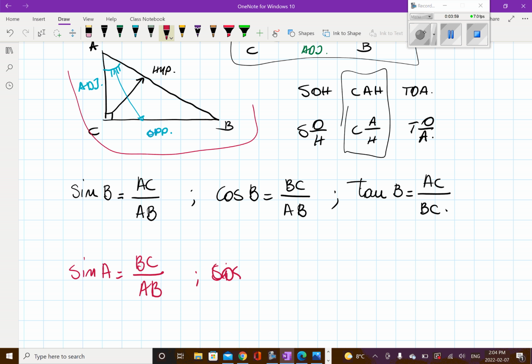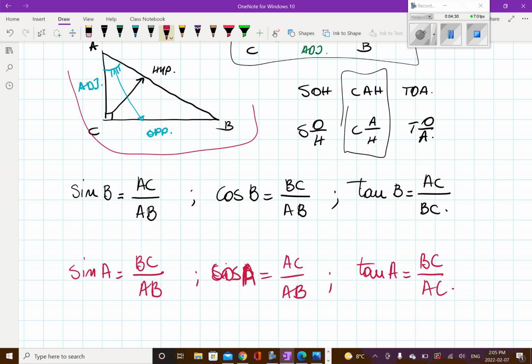Same logic when we are calculating cosine of angle A. The adjacent of angle A will be AC over AB, and tangent of angle A, not angle B, tangent of angle A will be the opposite of angle A is BC over adjacent of angle A is AC.